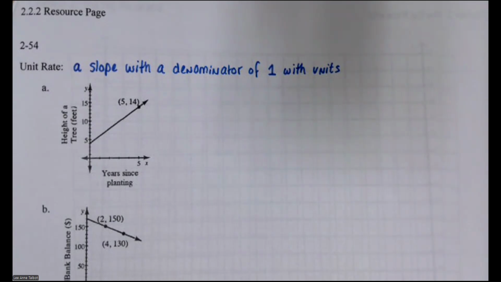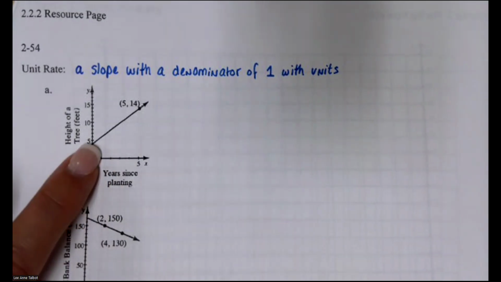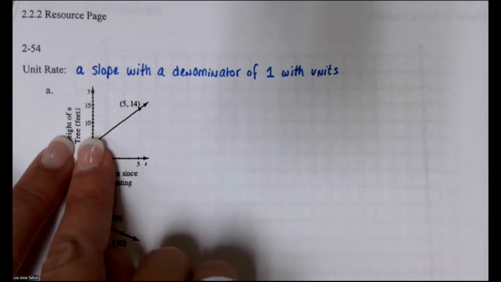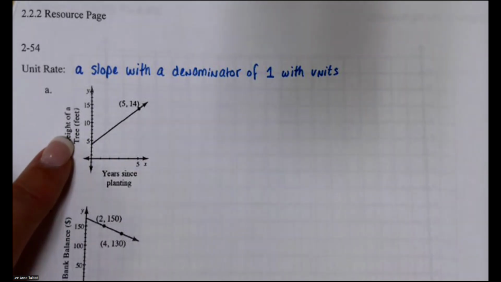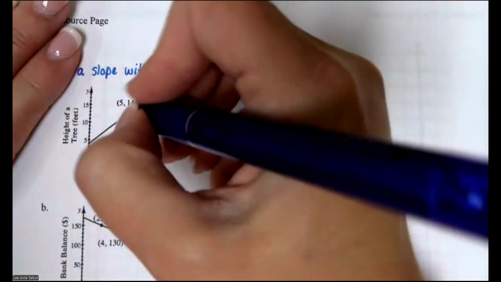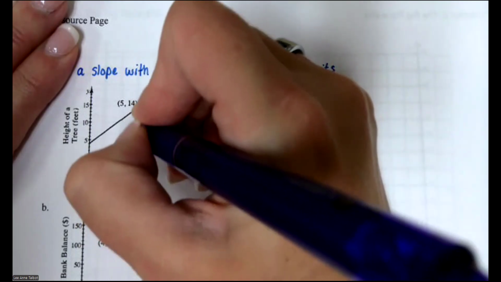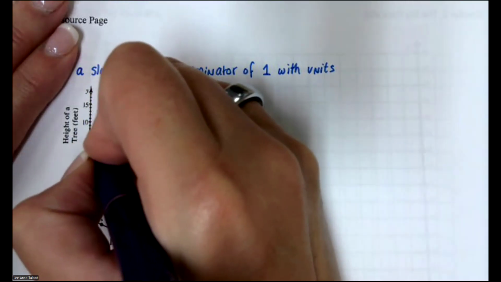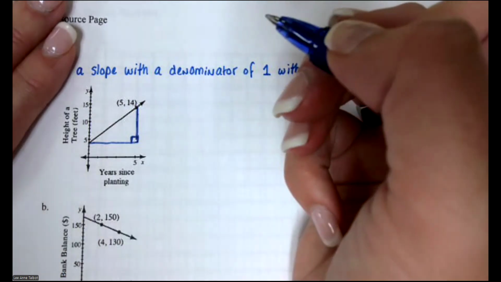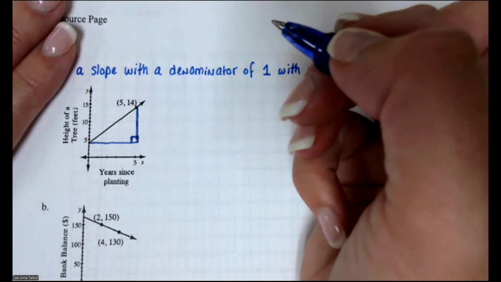Okay, so the first thing we're going to do is figure out the slope of this particular line, and then we're going to divide it to find the unit rate. Okay, so what I'm going to do is I'm going to make a triangle here. There's my slope triangle.